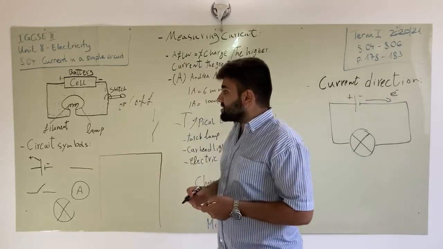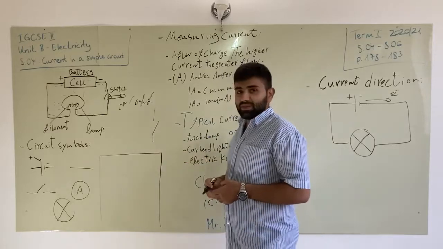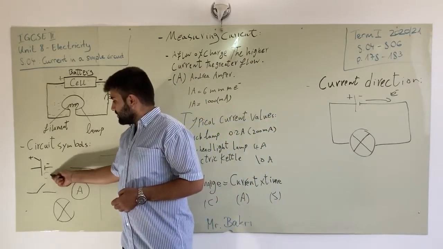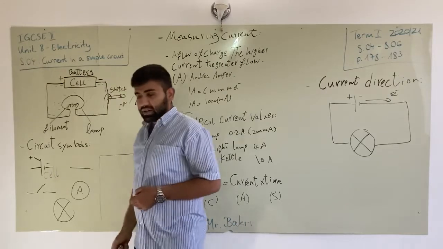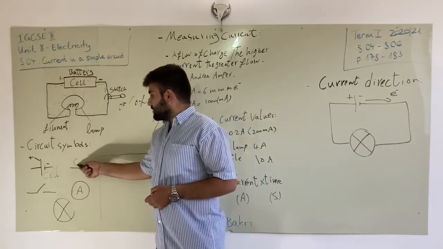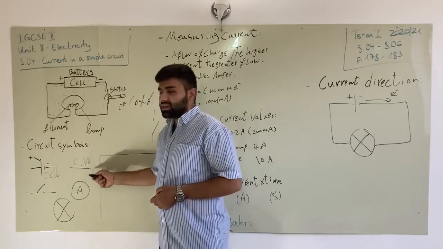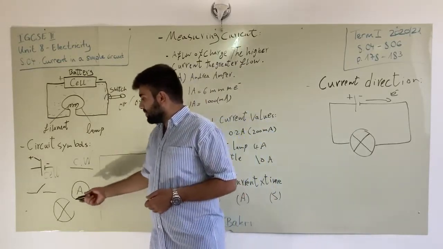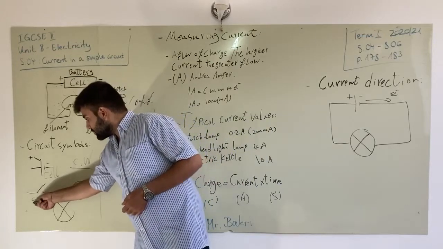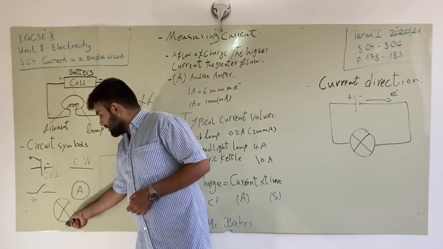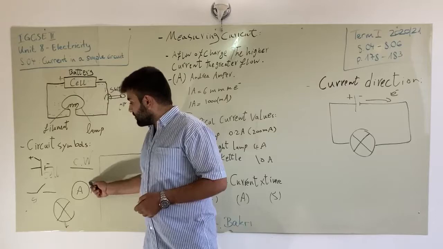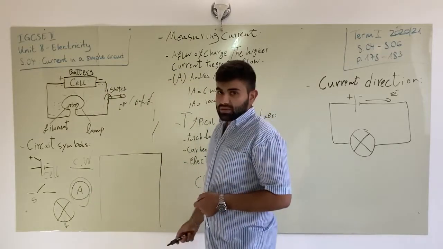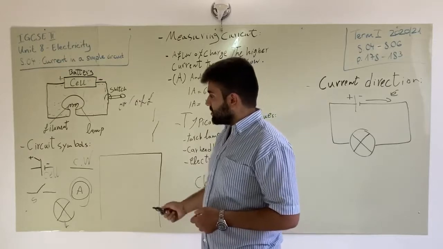Also there are circuit symbols, as you can see here. This symbol is for the cell. This is for the connecting wire, which can be copper. Most of the time it's copper or aluminium. Here is the switch, here is the lamp, and here is the ammeter. So how can we draw this with symbols?